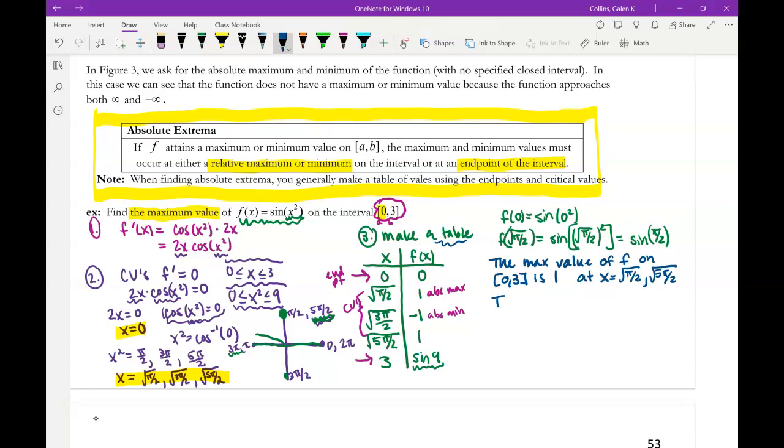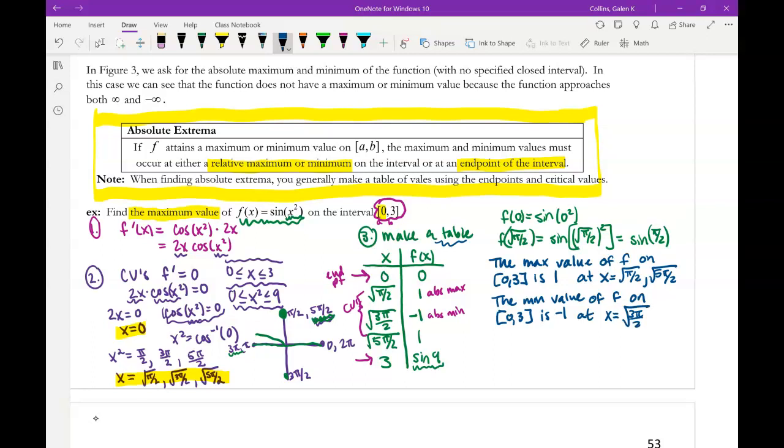And then similarly, we could say the minimum value of the function f on the closed interval from 0 to 3 is negative 1, and this occurs at x equals the square root of 3 pi over 2.